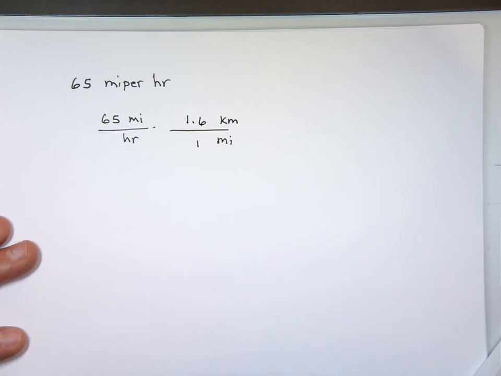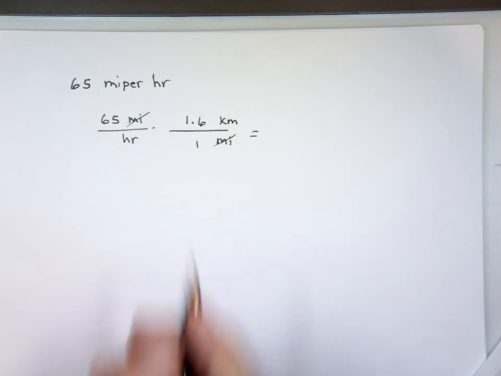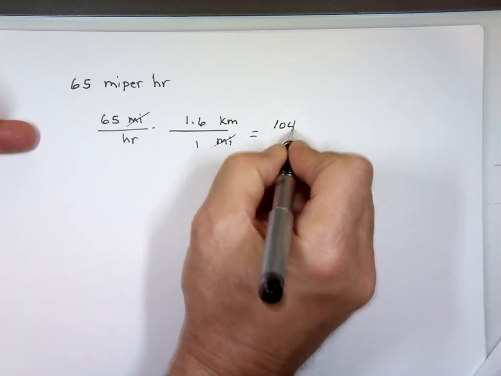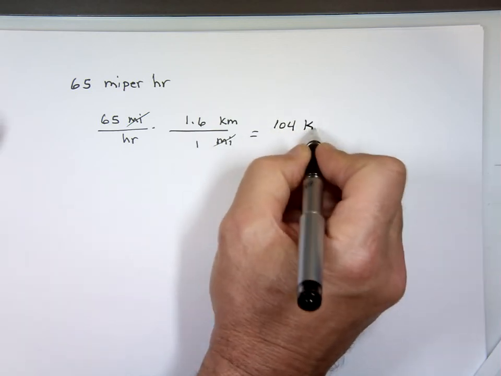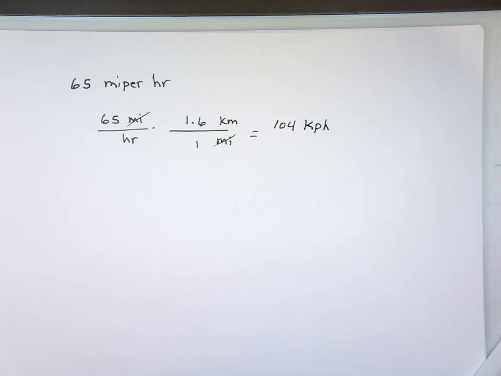You're going to see that number is close to 100. What's 65 times 1.6? It's 104 kilometers per hour. So when you get in your car today, just look at your speedometer. Look at the 65, look directly above it. A little bit more than 100. It's 104 kilometers per hour.